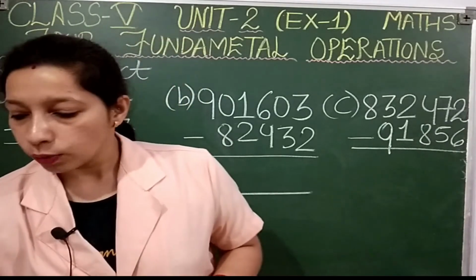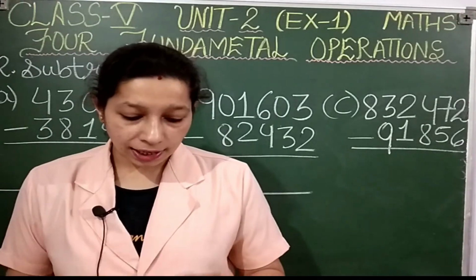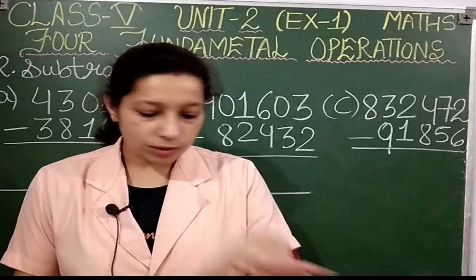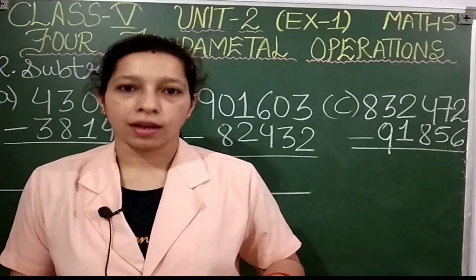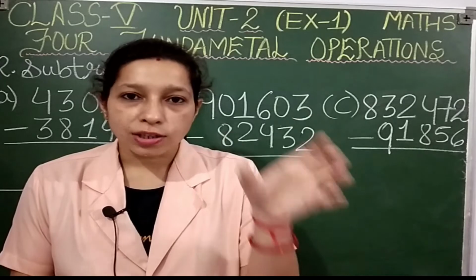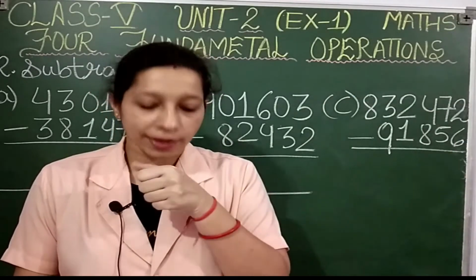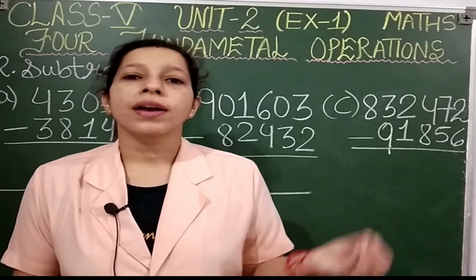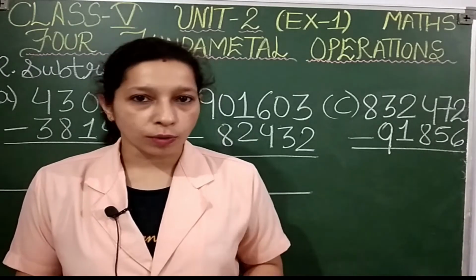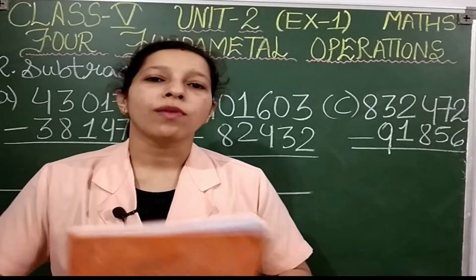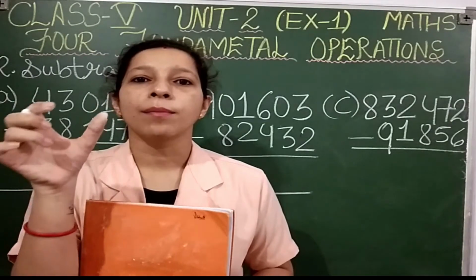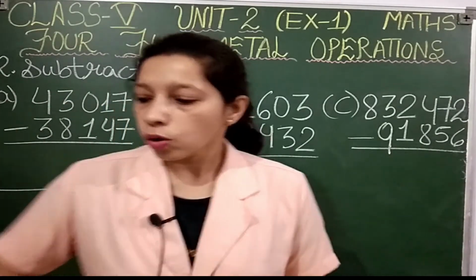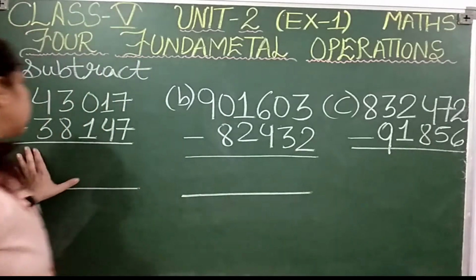The reason: it is asking you to take away the first number from the second number, isn't it? 38,000 something from 43,000 something. So 43,000 is already there and you are going to take away 38,000 something from the given number. That's why always remember the number written after "from" you are going to take first. Also you know the rule, while subtracting we write the greater number at the top and the smaller number after that. So in the same manner I have arranged the digits here, students.